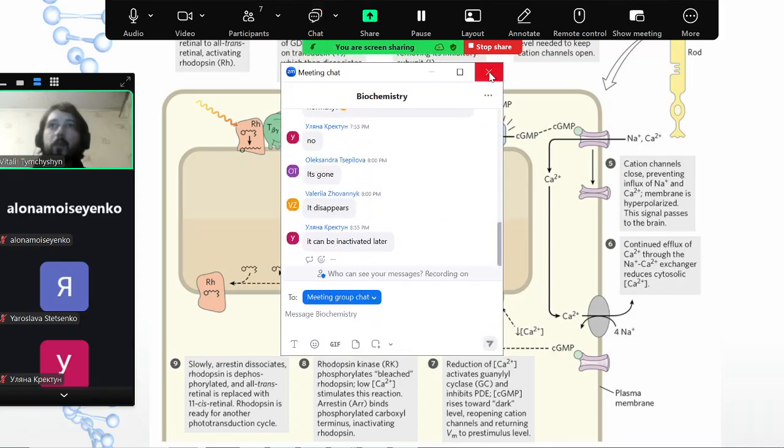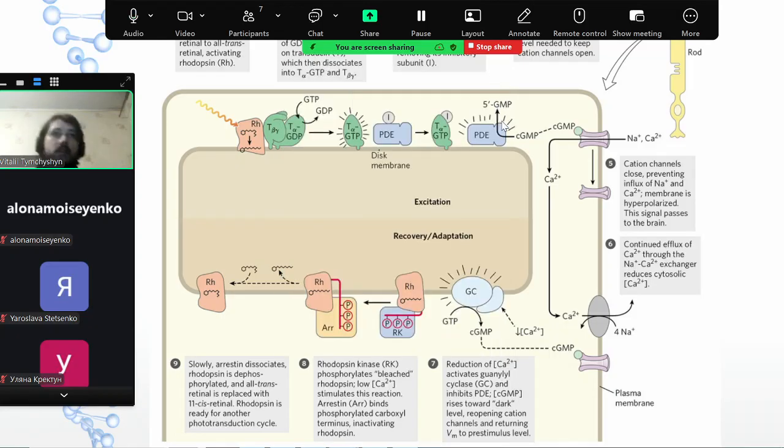Yes, that's for the inactivation. It has some sort of hydrolytic activity. If you remember the structure of the G protein I showed you, it has hydrolytic activity, and this GTP, after a certain amount of time, will be hydrolyzed and the protein turns off automatically.